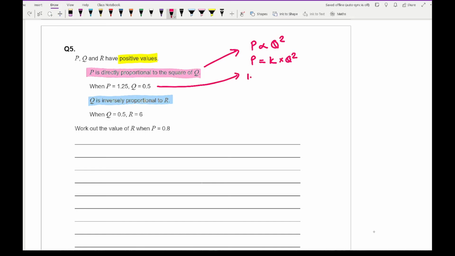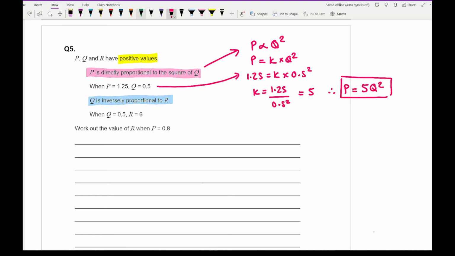So here I've got 1.25 equals k times 0.5 squared. So k equals 1.25 divided by 0.5 squared, and typing that into my calculator gives me a value of 5. So therefore the formula is P equals 5Q squared. I'm just going to put a little box around that.